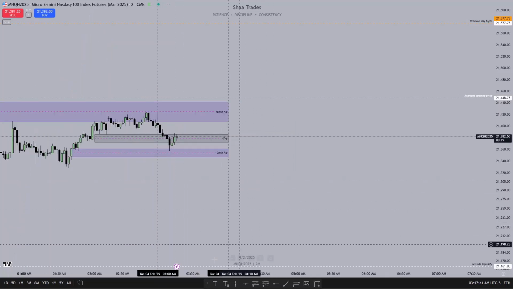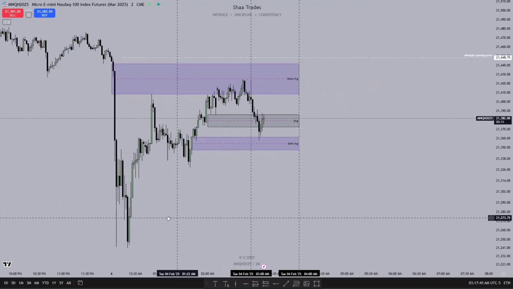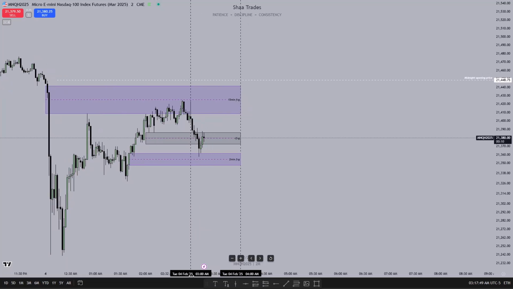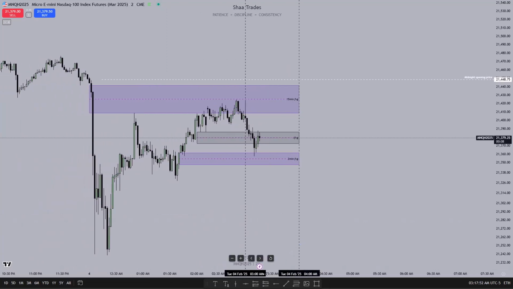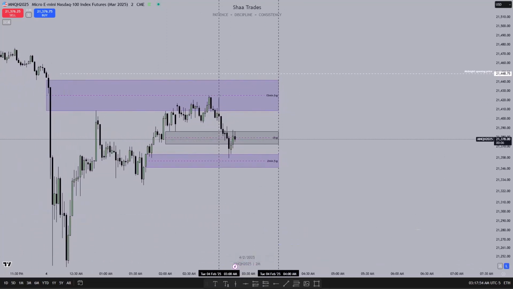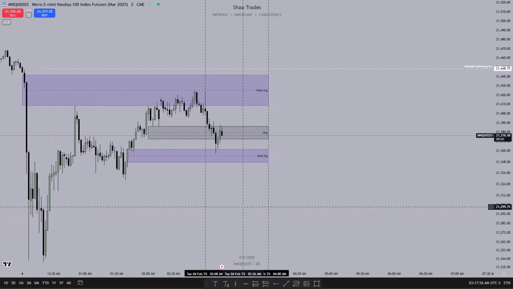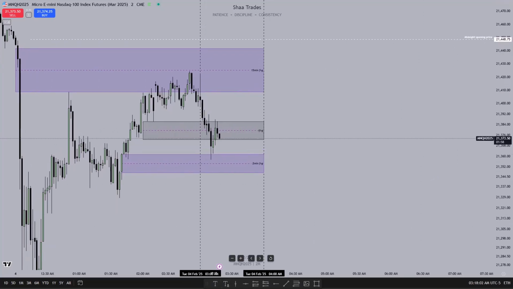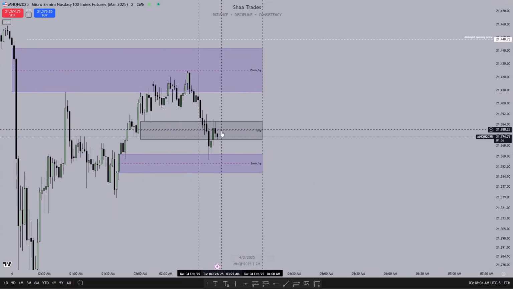Let's go back down to our 2-minute here. See what price is doing now here. It's a little bit bigger. There you go. All right.